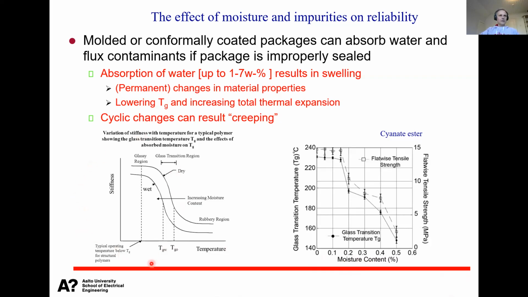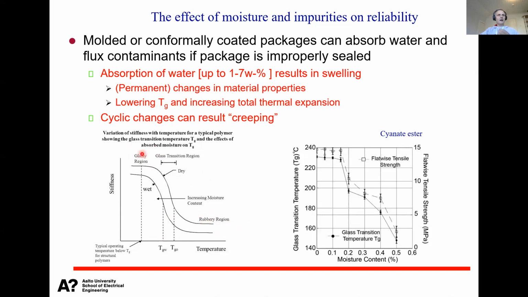So if we look at this one first, we have a dry material here and a wet material here, and for the dry material the glass transition temperature is higher. So we need to go to higher temperatures before the polymer becomes rubbery instead of glassy.